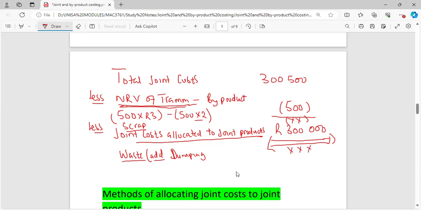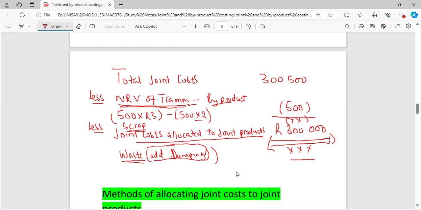So the cost of dumping the waste is going to increase the joint costs allocated to joint products. That's how you arrive at joint costs allocated to joint products if you have waste, scrap, and a byproduct. In the question, you look at the cost of dumping the waste.